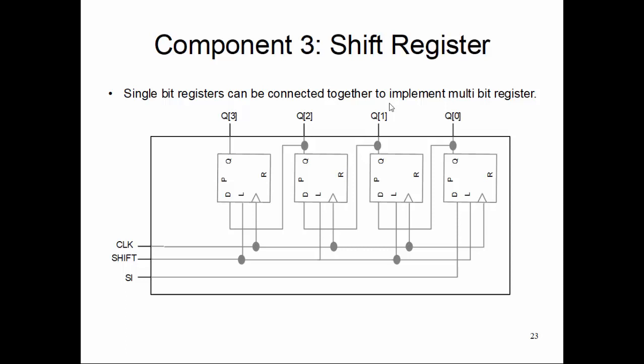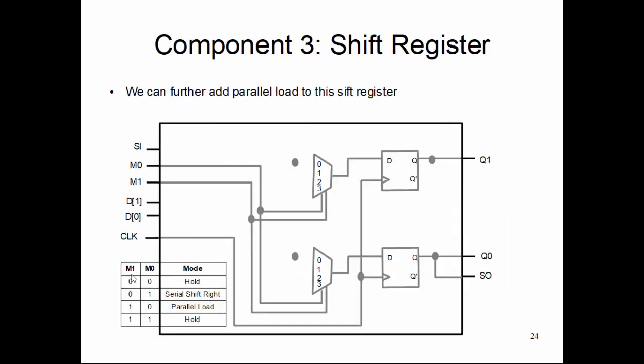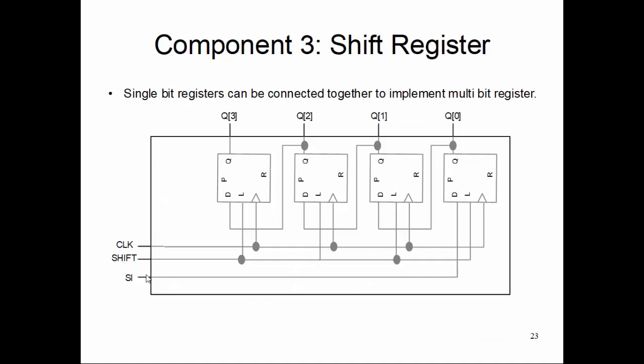Now let's work on this concept. Now we want to do more. So this is simple. I am simply shifting the incoming bits through, right? That means I have a hard time setting this 4-bit register to a specific bit pattern, right?